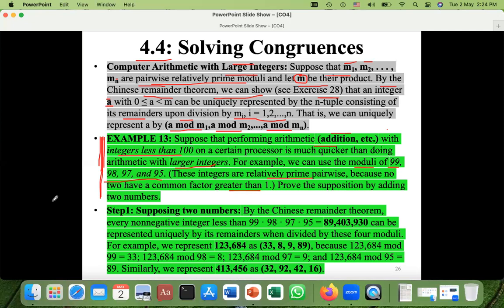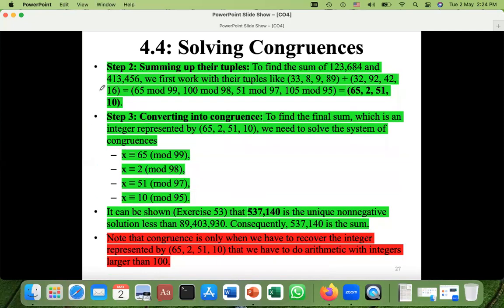So in this example, in the first step, we suppose two numbers, and then we sum up their n-tuples, and then finally we convert into congruences to get a solution for the addition of two numbers.